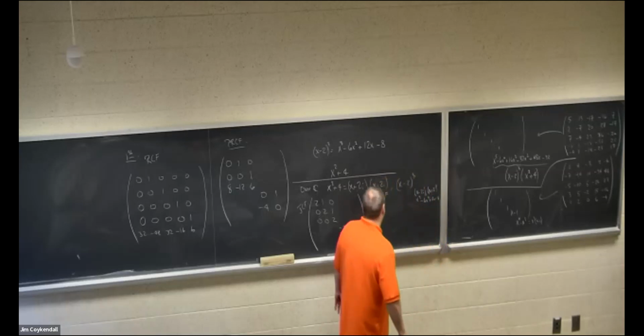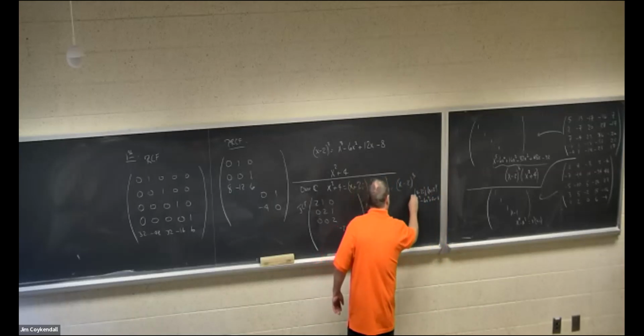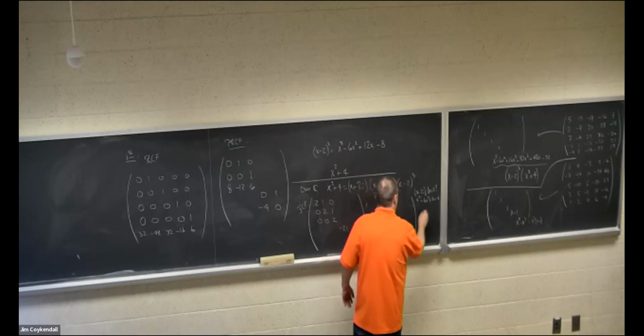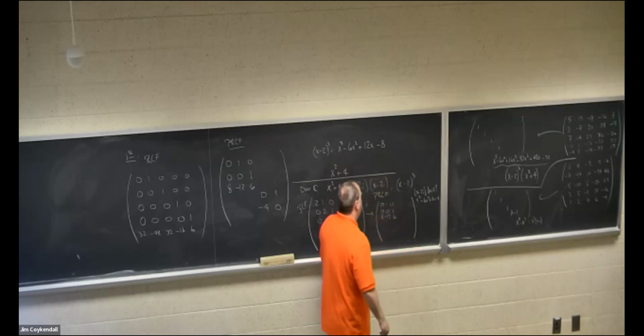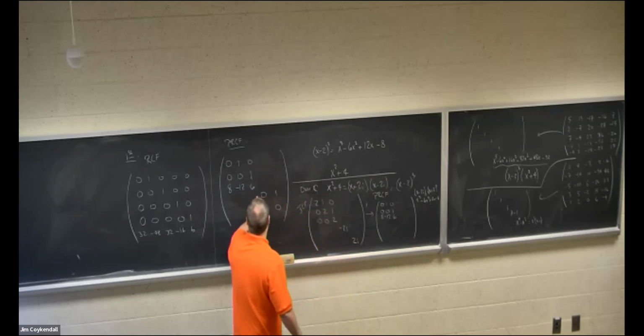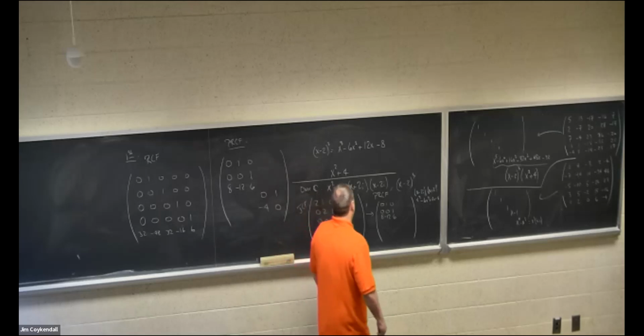So it will be different over C, because this block will be the same: 8, minus 12, 6. But then this block right here, these are not prime powers anymore.